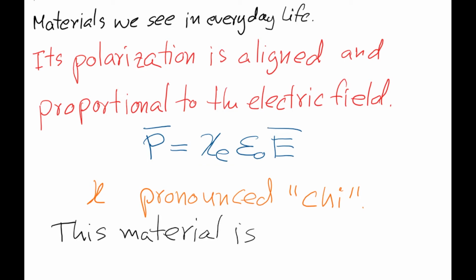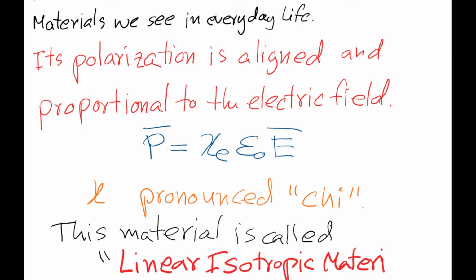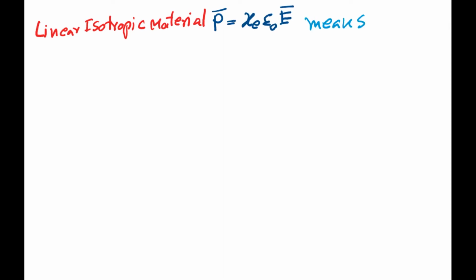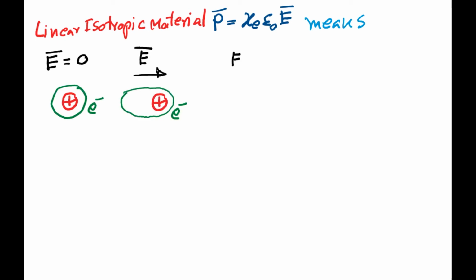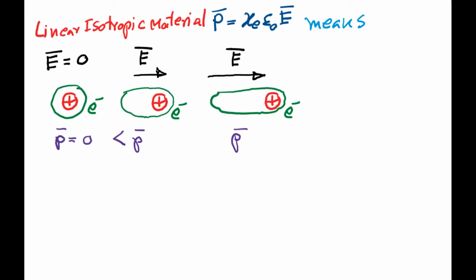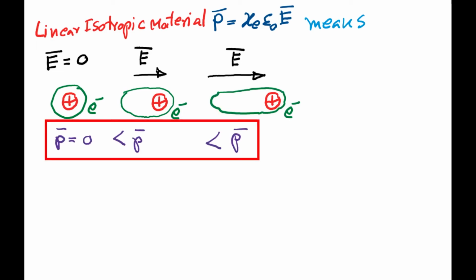This material is called linear isotropic material. In linear isotropic material, polarization is proportional to the electric field, which means the separation between nucleus and electrons is larger, giving a larger dipole moment, when the electric field is stronger, as shown here.